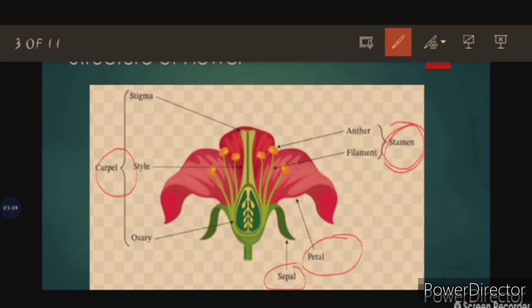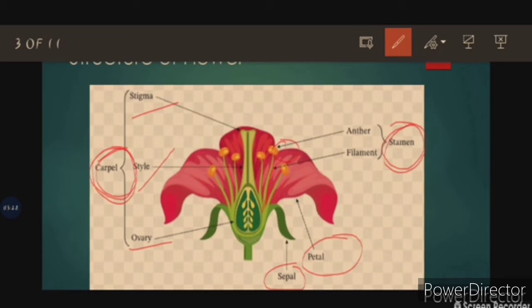So androecium consists of two parts, anther and filament. This one is the anther and this is the filament. The gynoecium consists of three parts: stigma, style and ovary. Stigma, style and ovary constitute the carpel. The individual unit is called carpel and the whorl is called gynoecium.